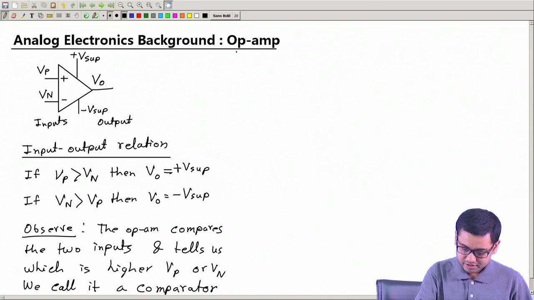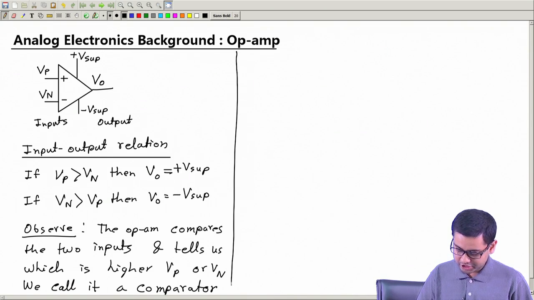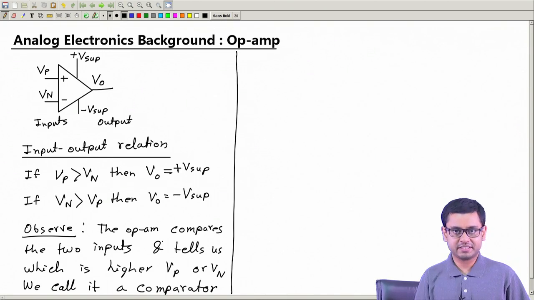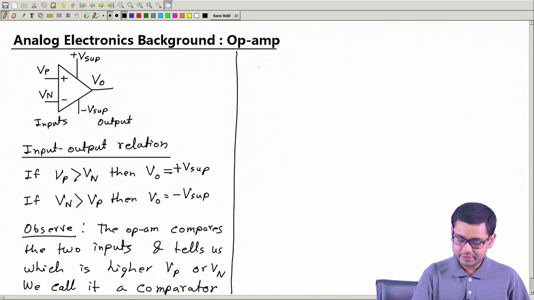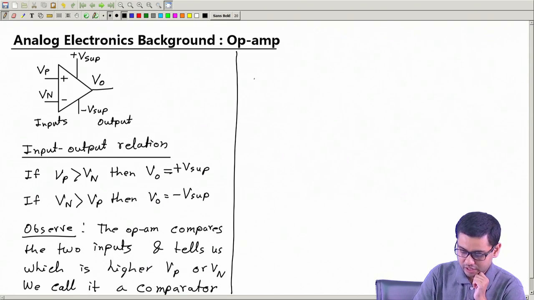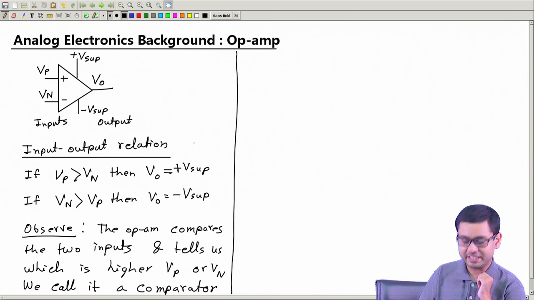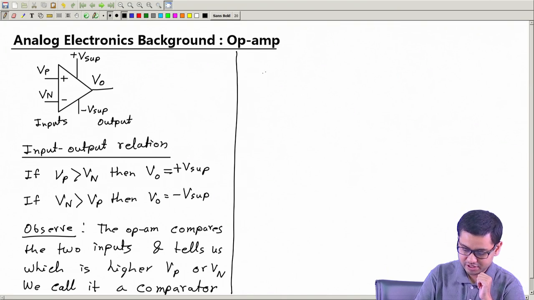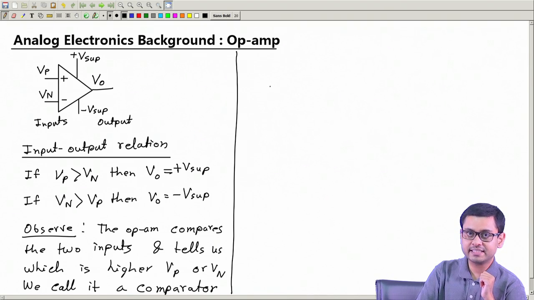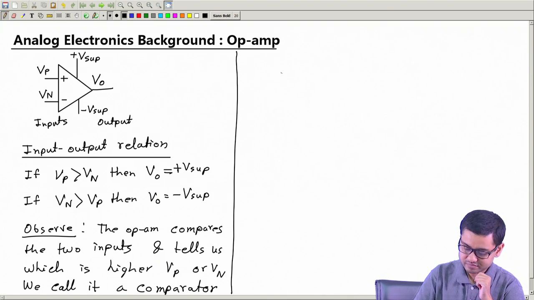Now that you know this simple thing, let me show you a bit more complicated representation of this simple fact, a pictorial or graphical representation. I want to draw a graph representing input versus output.